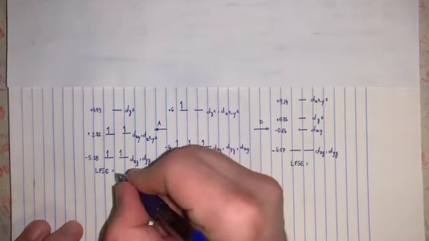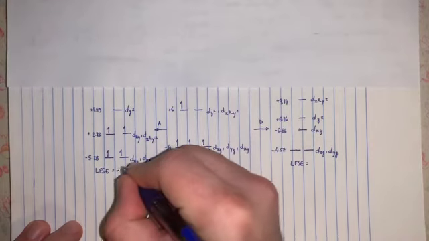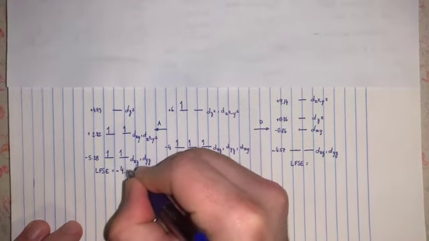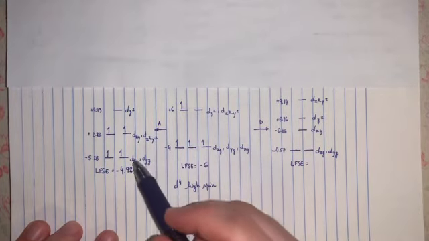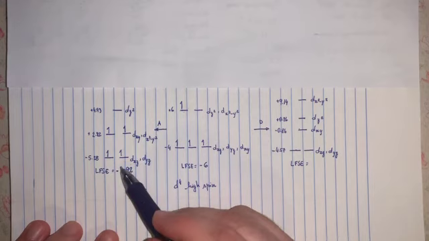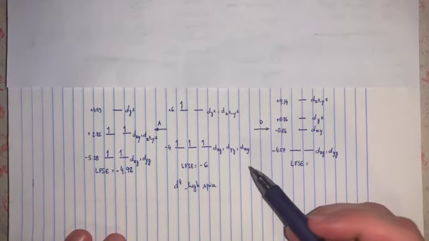So that means the ligand field stabilization energy is 4.92, okay? Or the system is being stabilized by 4.92 units.